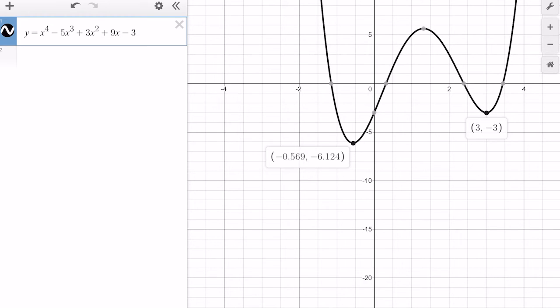Of the two mins, which one is the absolute min? It would be the absolute lowest, which would be -6.124. And the only local max I see is 5.64. And since there's no other max to compare it to, there is no absolute max. It's just a local max.